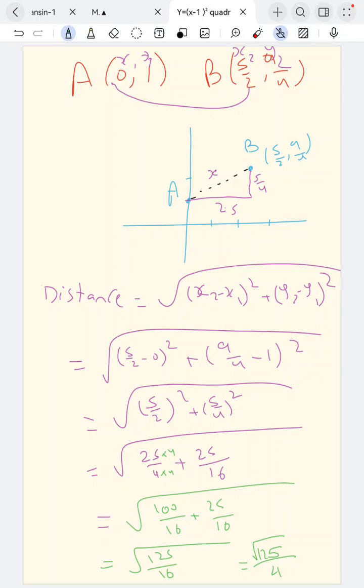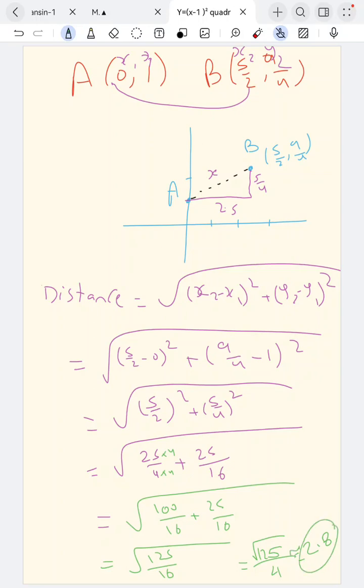I was just using the phone, so I don't have a nice calculator. Yes, it doesn't give an exact answer. It's just a decimal. It will be around 2.8.